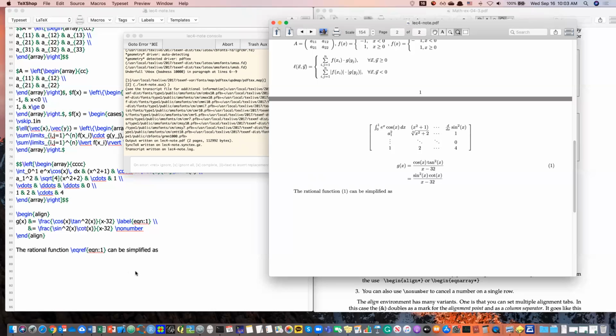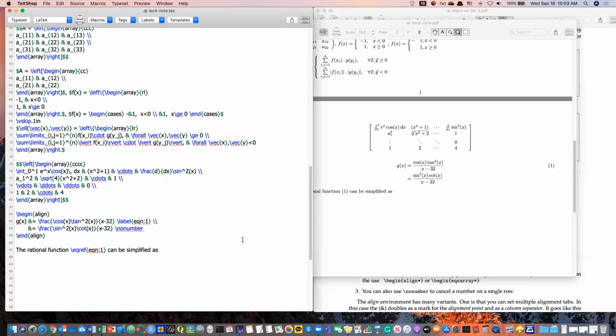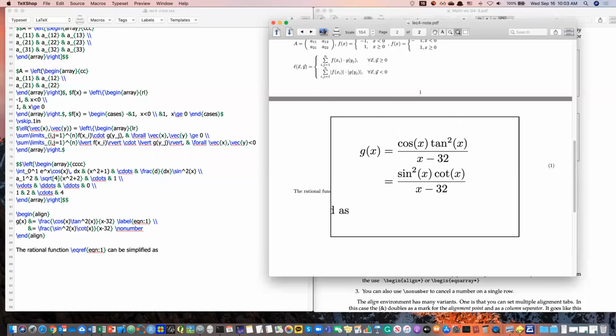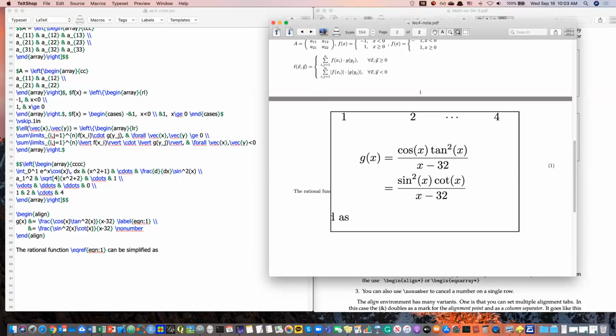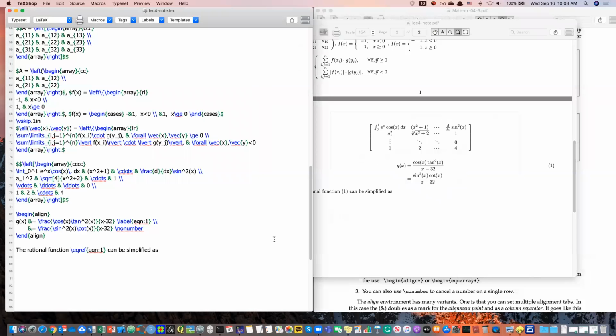Here's a question: I want to assign the equation number in just the first line and second line together. Okay, and how can you do that? We just do this instead of this.